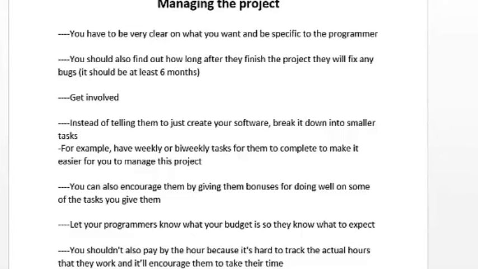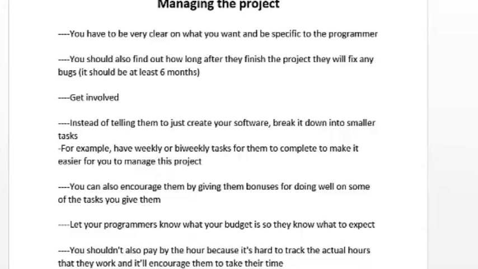Another thing you want to do when you're creating a software product is not to just outsource everything to the programmer and then be hands off. I mean, you really have to get involved and get your hands dirty if you really want this to be a successful software product. Okay.